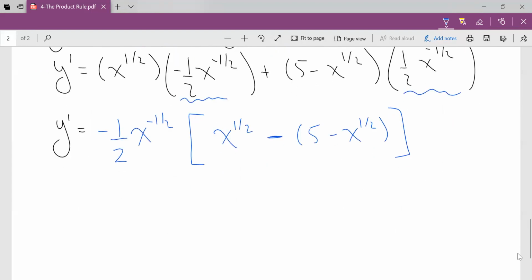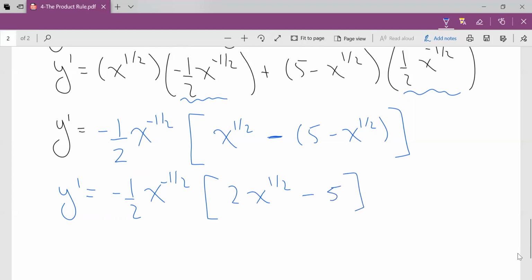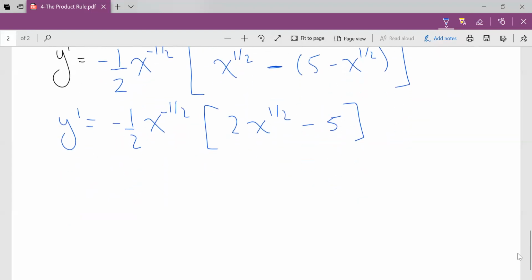Let's keep simplifying. What I'm noticing now is inside my brackets, this is going to be x^(1/2) plus x^(1/2). So that's 2x^(1/2) minus 5. Let's simplify a little bit more. I don't like to write things with negative exponents. So let's rewrite this.